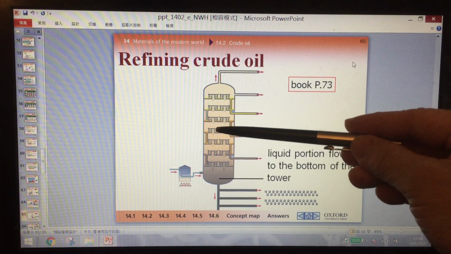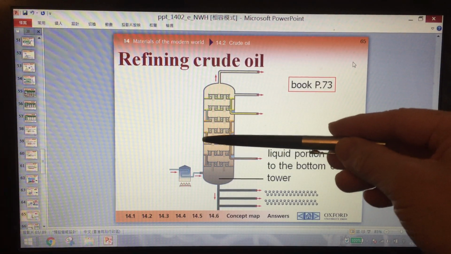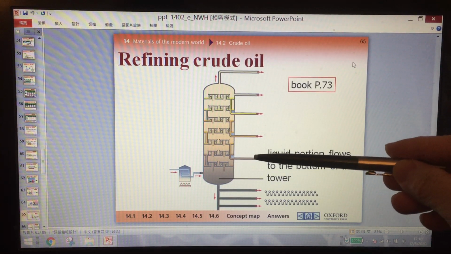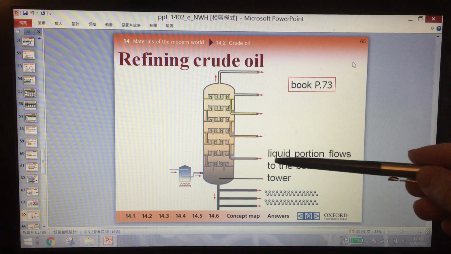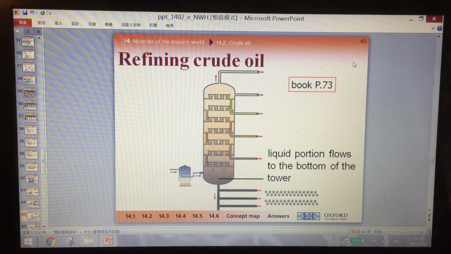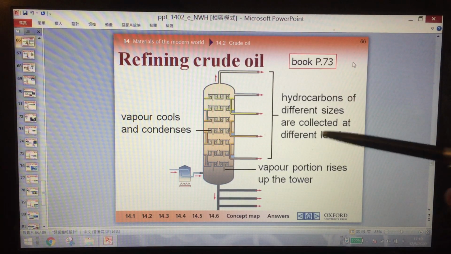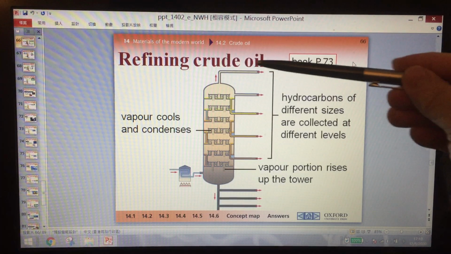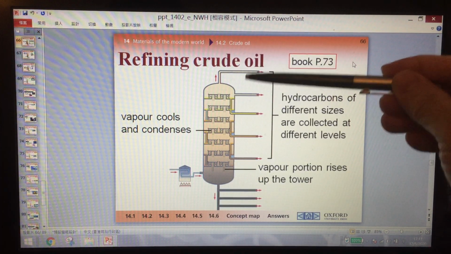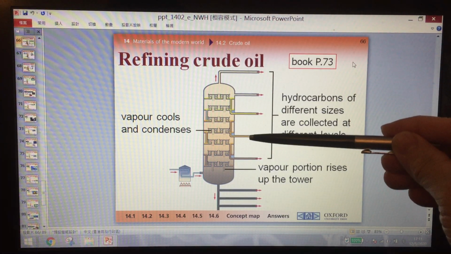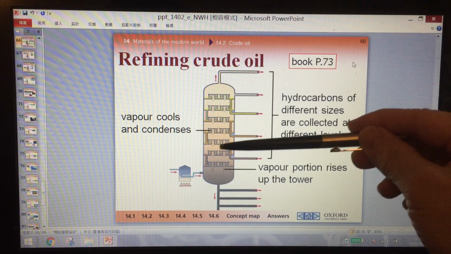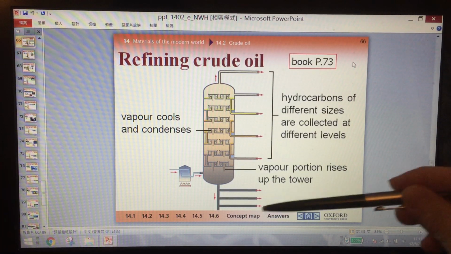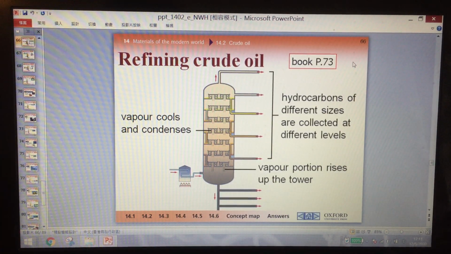If the temperature is low enough, they will condense and become liquid, and then they will go to the right-hand side, leave the tower, and we will collect them. For the different size molecules, the very small molecules we will collect at the top. Medium size, larger size. If the size is larger, we will collect at the lower part. And this is the very large size molecule.